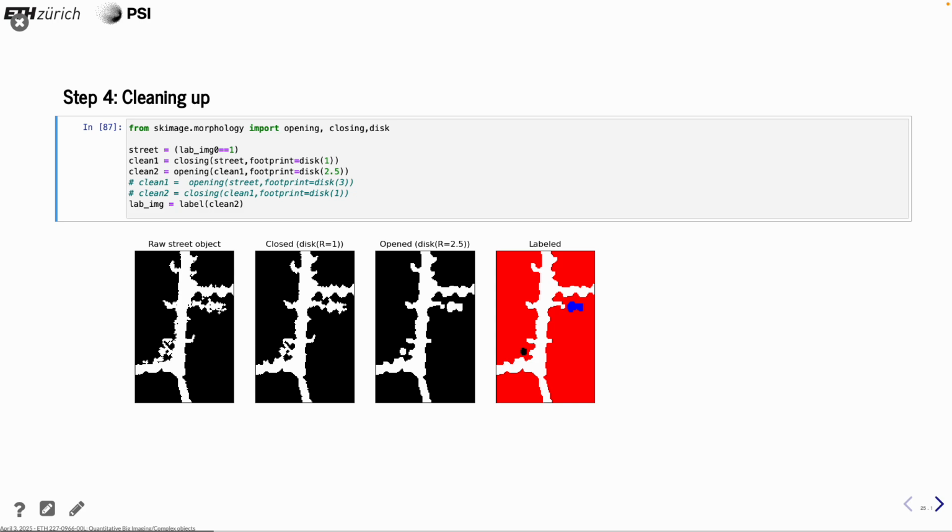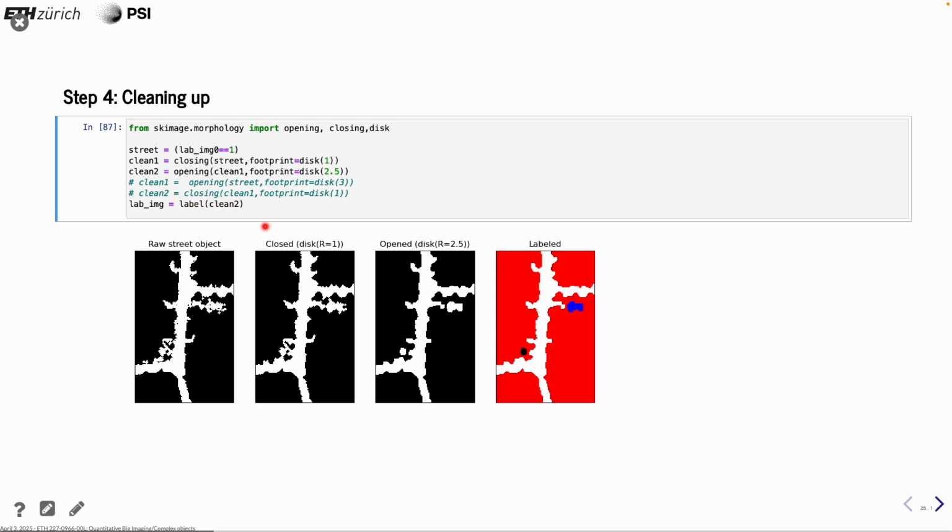Now we could do some cleanup. To clean up a black and white image, we can use the morphological operations, opening and closing, and yet another labeling. We can do everything in one step, but right now I just did it like that.